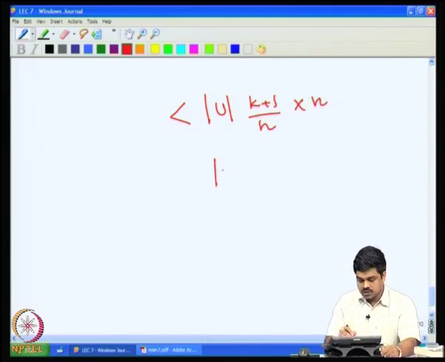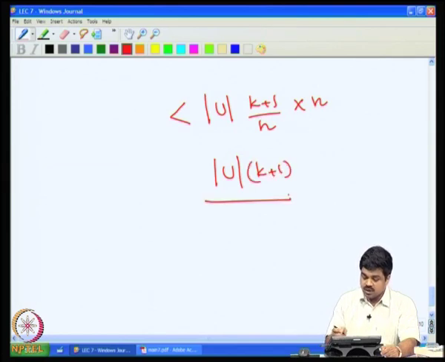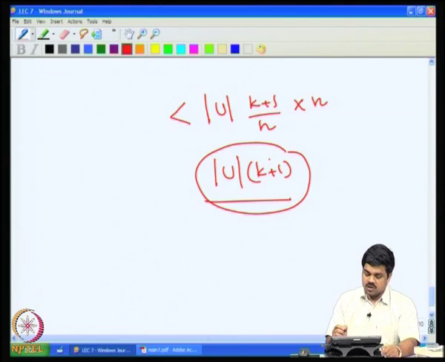So we will only see strictly less than |U|(k+1) ticks, but we know that the number of ticks is at least |U|(k+1), which is a contradiction.